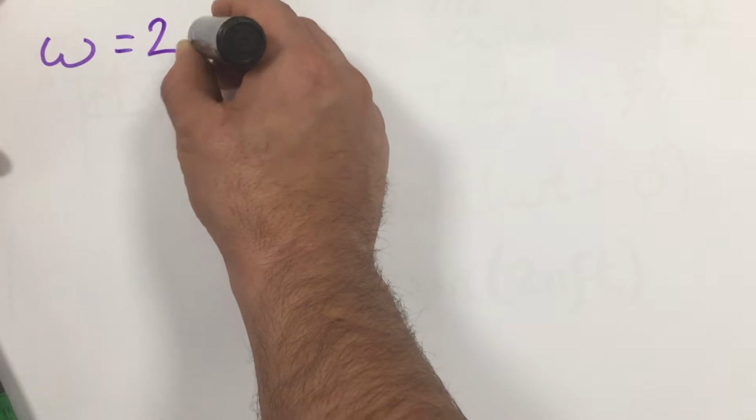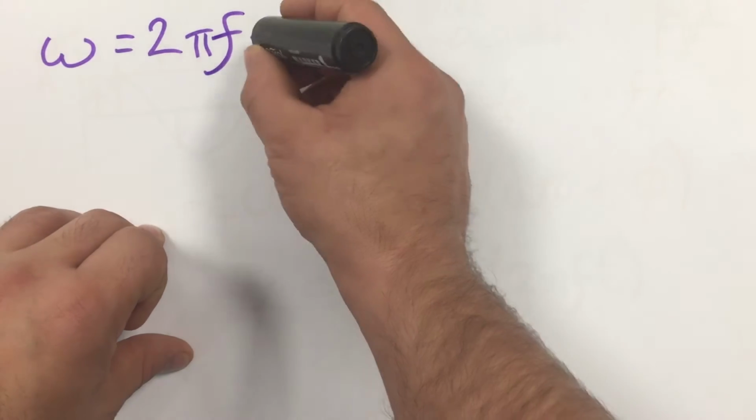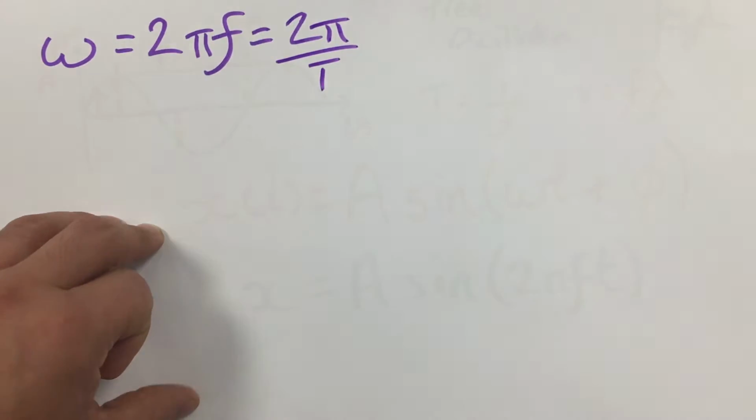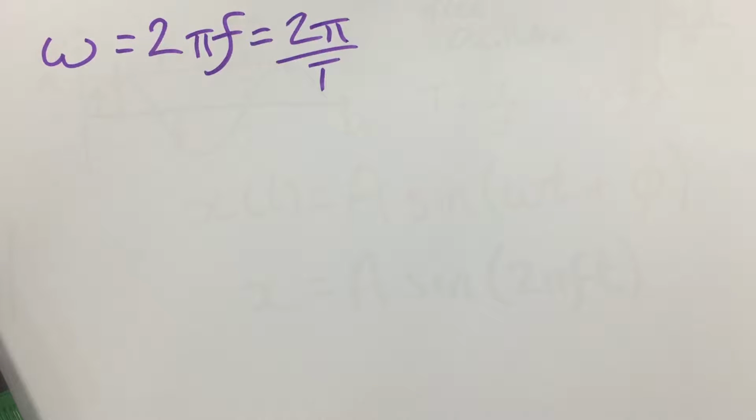So angular frequency, omega, is equal to 2 pi f, and obviously because f is 1 over the period, we can also have 2 pi over T. So that's the equation for angular frequency, the units being rad per second, as in radians per second, and it's effectively a measure of how many rotations occur per unit time, or how many complete cycles in the case of an oscillation occur per unit time.